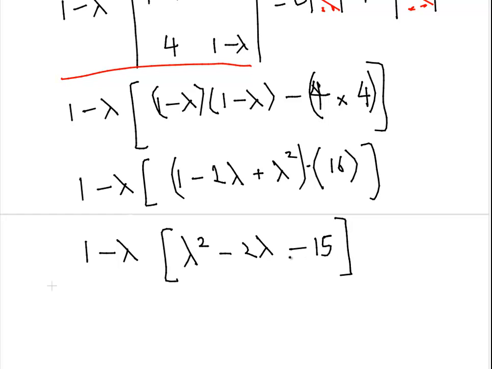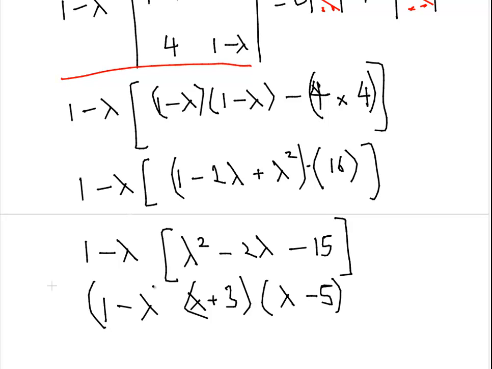We just have to factorize that, and we make that lambda plus 3, lambda minus 5, and also 1 minus lambda down here. So this here is as good as we're going to get with regards to the characteristic equation: 1 minus lambda, lambda plus 3, lambda minus 5.